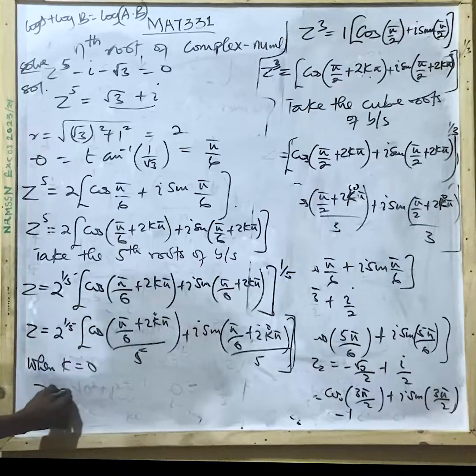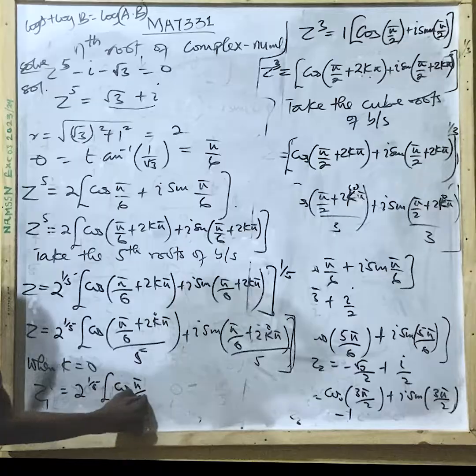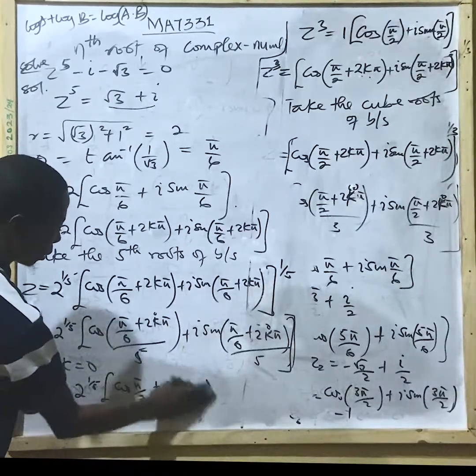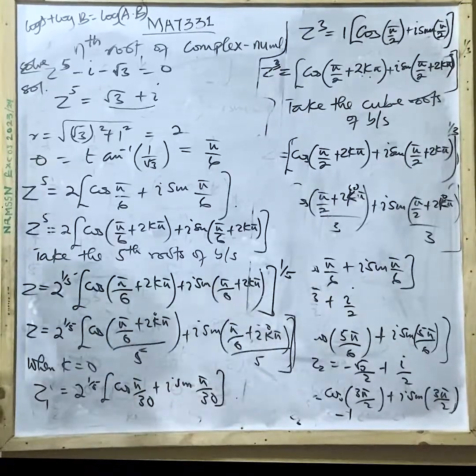The 2 raised to 1 over 5 must be there. So this is 2 to the 1 over 5 into cos pi over 30 plus I sine pi over 30.